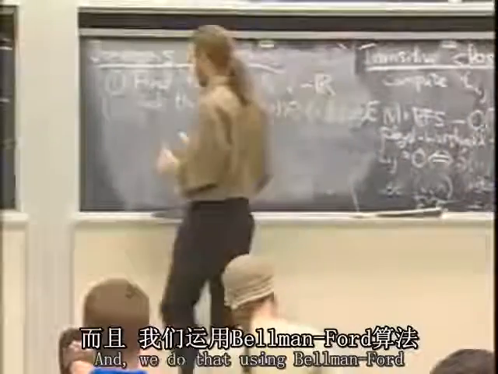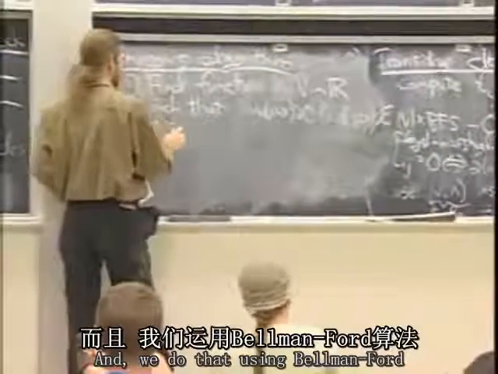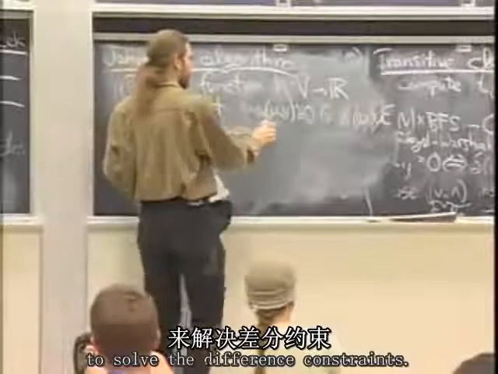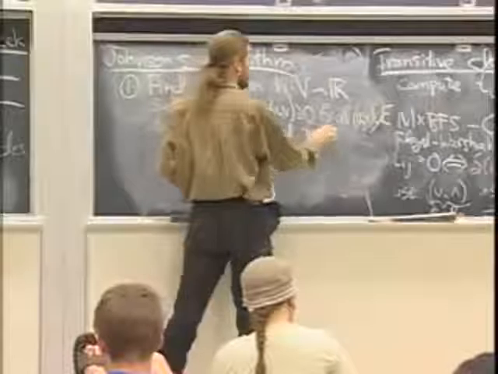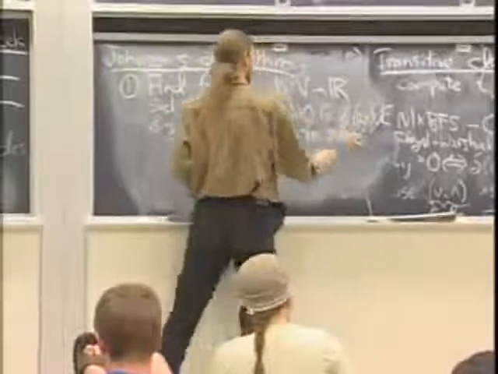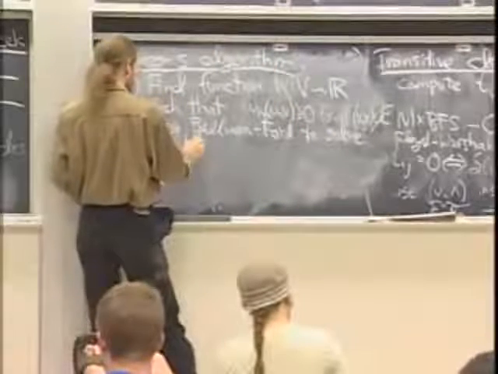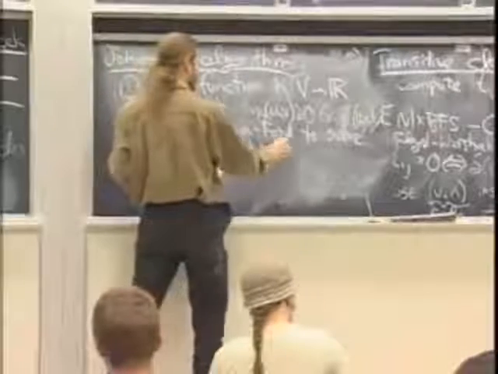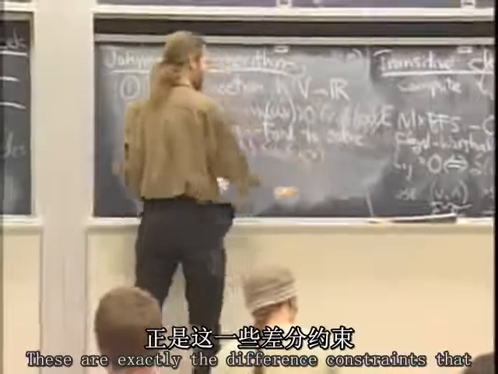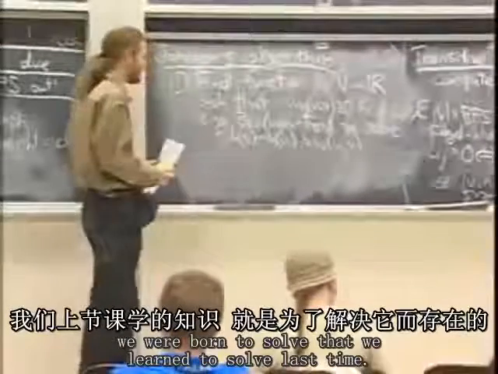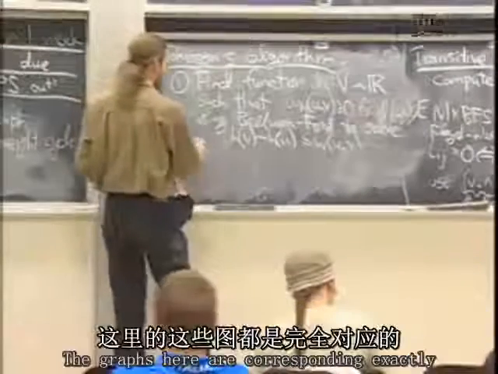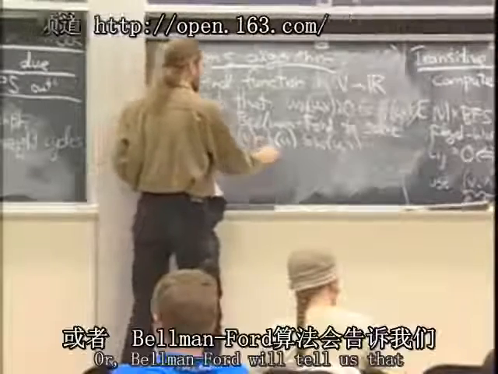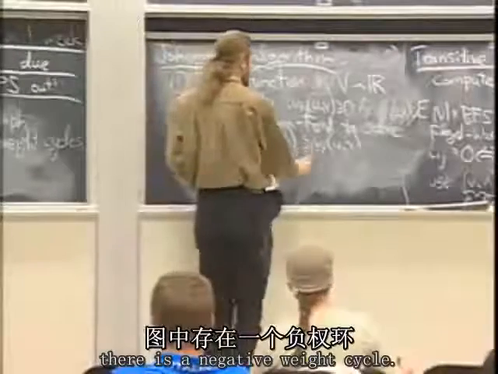And we do that using Bellman-Ford to solve the difference constraints. These were exactly the difference constraints that we were born to solve, that we learned to solve last time. The graphs here correspond exactly, if you look back at the definition. Or Bellman-Ford will tell us that there's a negative weight cycle.